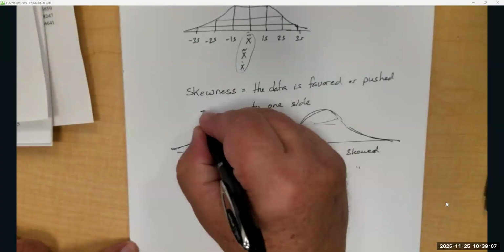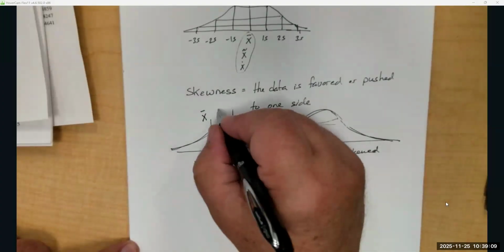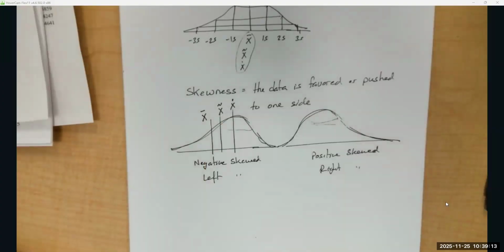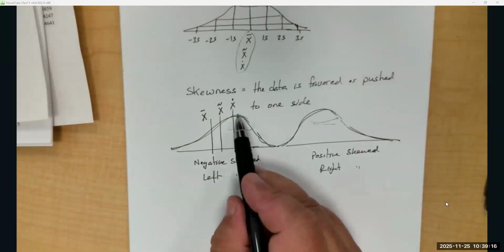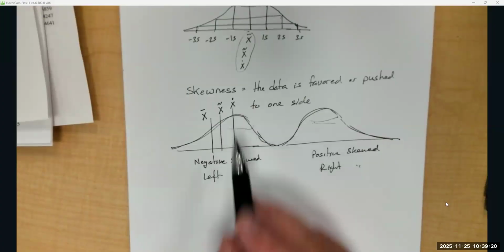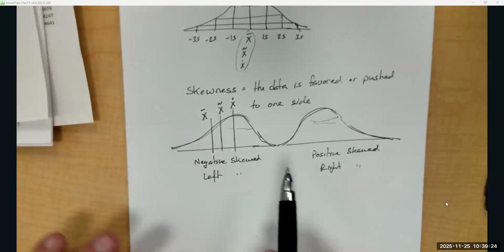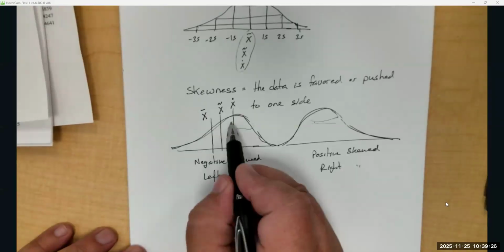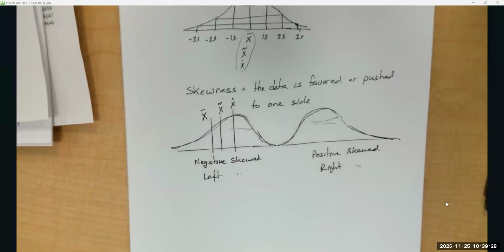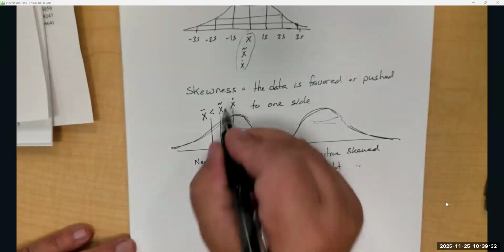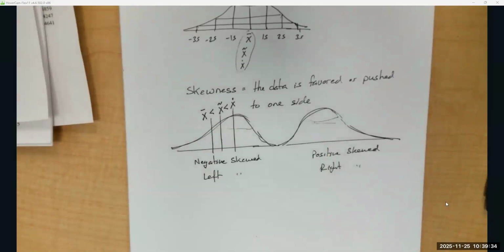The mean, the median, and the mode. The mode is always going to be the highest point. Now, if it's negatively skewed or left skewed, the mean will be to the left of everything else. So the mean is less than the median, which is less than the mode.